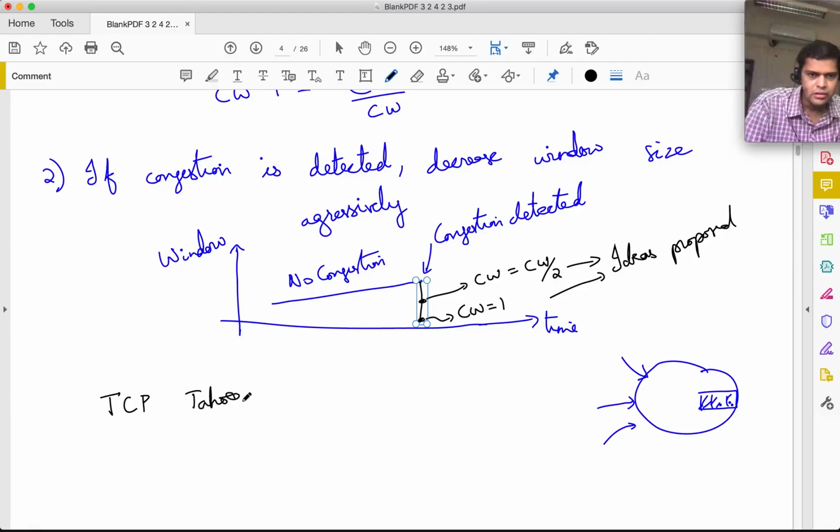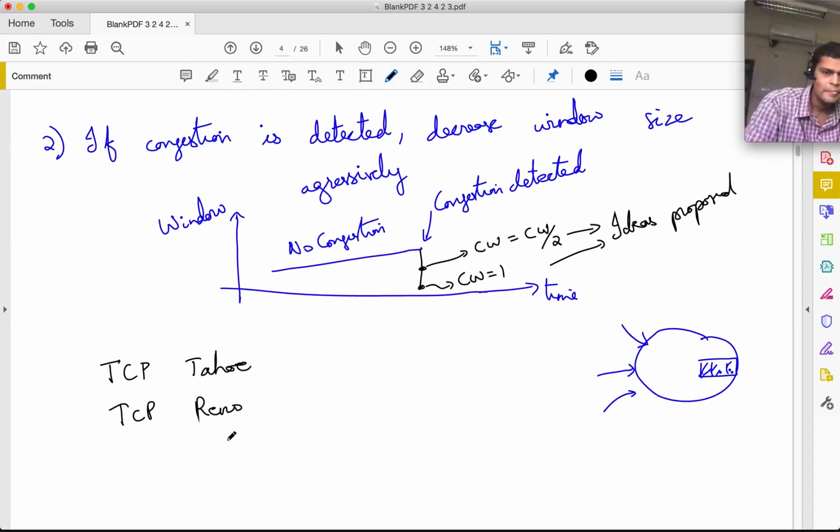These are all very picturesque places in California. I've been to Lake Tahoe, a nice skiing place in winter. So Tahoe, Reno, these are various protocols. As they change some of the rules, they give it a new name, and TCP Vegas and so on.